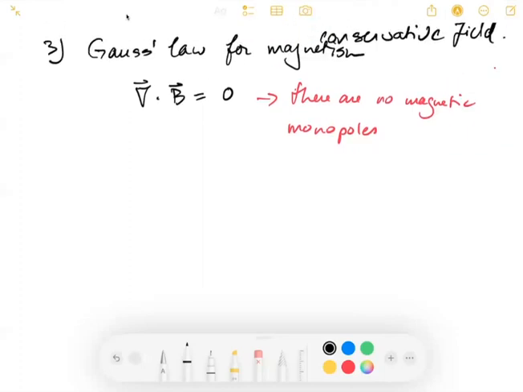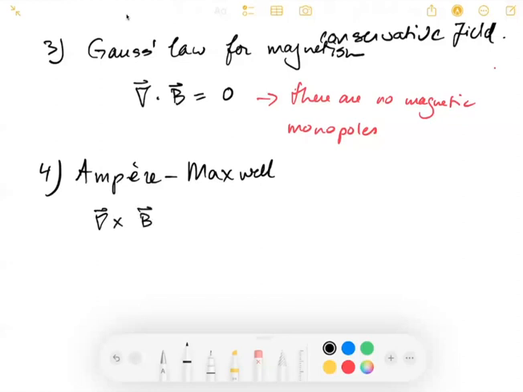Finally, of course, Ampere-Maxwell. Ampere-Maxwell says that the curl of B is, again, causality, let's make sure we do that consistently.